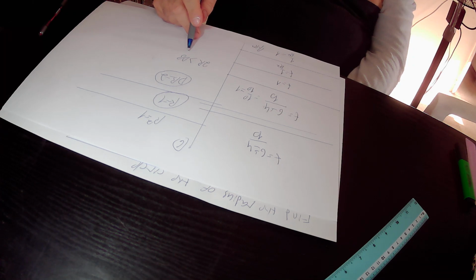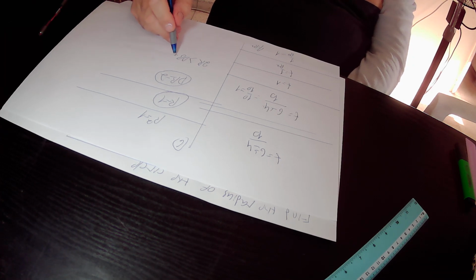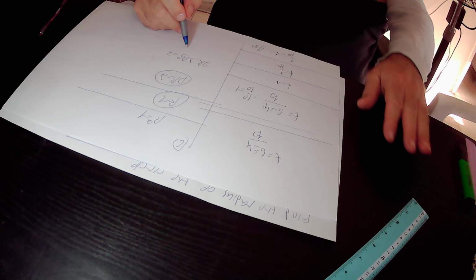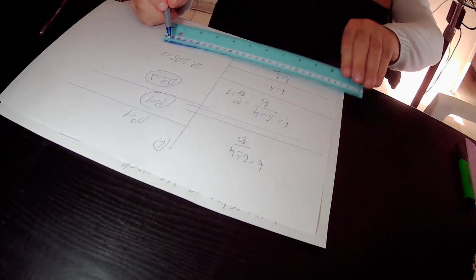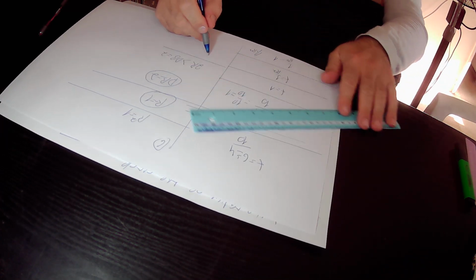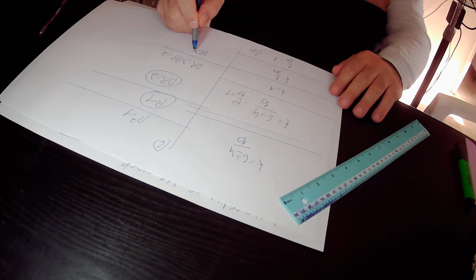And dB equals 2. From this inequality, we derive that 2r is greater than 2.